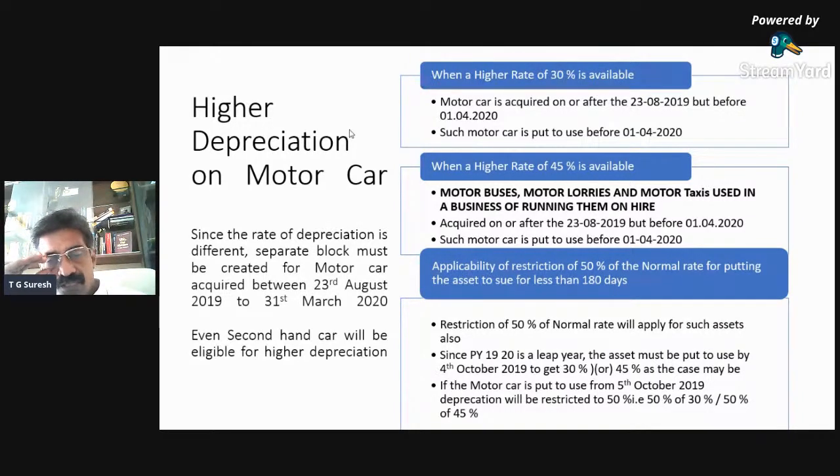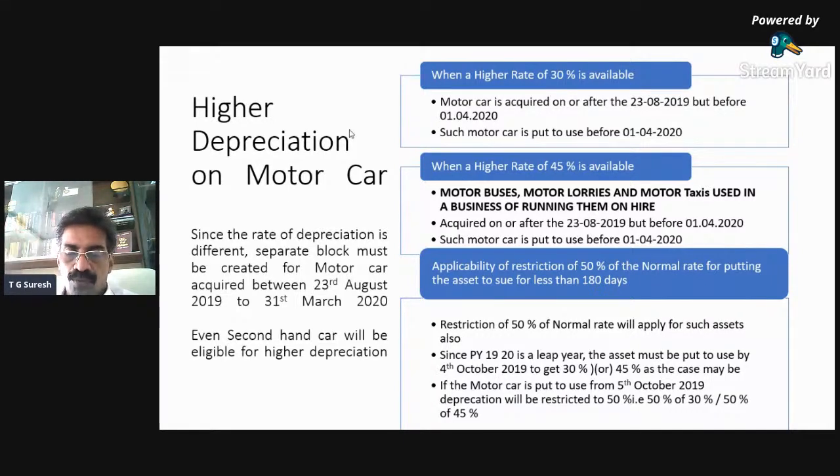See, there is a difference between 6 months and 180 days. The law is not talking about 6 months, it talks about 180 days. Since this is a leap year, up to 4th October, if you put to use, you will get 180 days. 2nd October to 31st March is normally 181 days, but because of the leap year, 2nd October to 31st March is 182. 3rd October to 31st March is 181. 4th October to 31st March is 180.